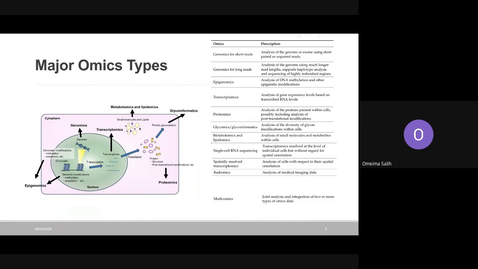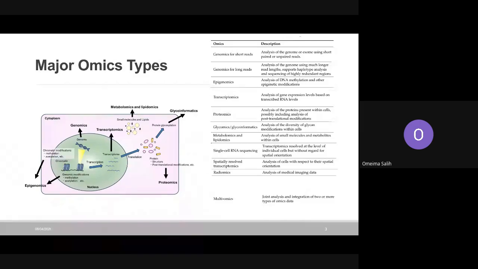Single cell RNA sequencing is part of the transcriptomics, but again, it is targeting a certain type of cells. Could be cancer cells, or could be, for example, neurons. You are targeting a single type of cell, but it falls under transcriptomics. Spatially resolved transcriptomics, again, is analysis of cells with respect to their spatial orientation.